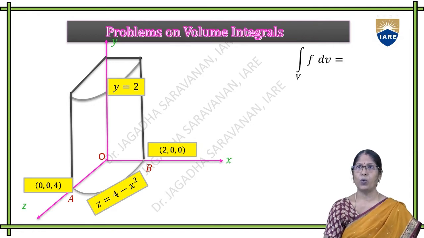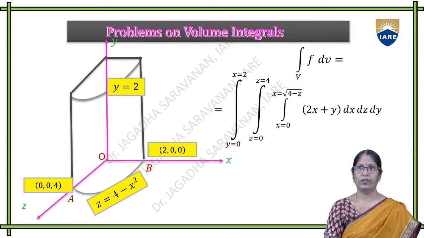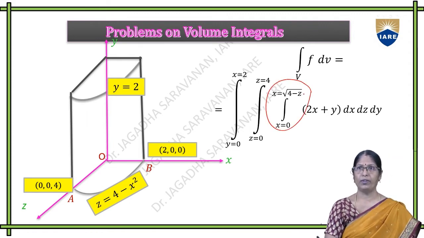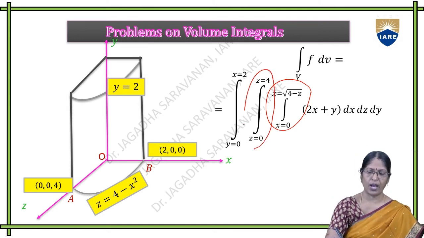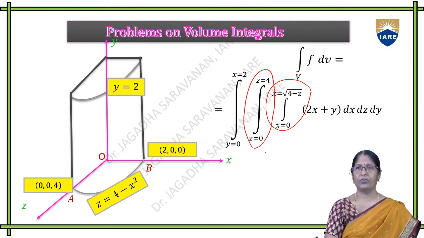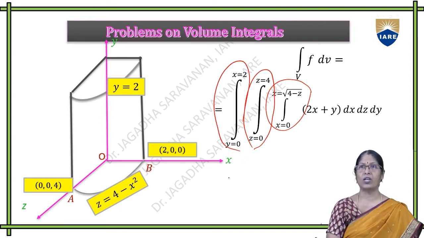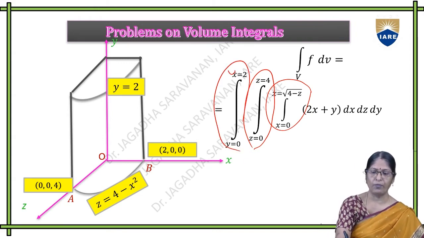So the integral over V of F dV, that is the volume integral, we have to calculate, for which we have taken the interior integration in the x dimension. The next we have taken the z dimension, z direction. The last, the outer one, is y.